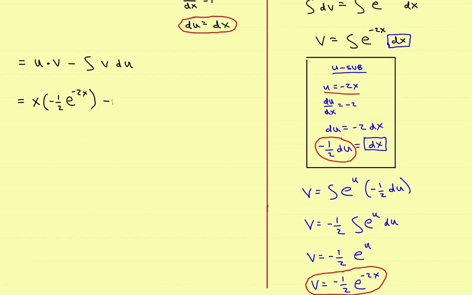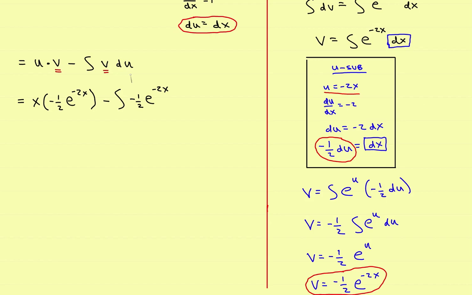And you've got minus. Now you've got the integral. And now again, you had to put v right here. You've also got to put another v right here. So now put v in again right here. So it's going to be the integral of negative 1/2 e to the minus 2x.